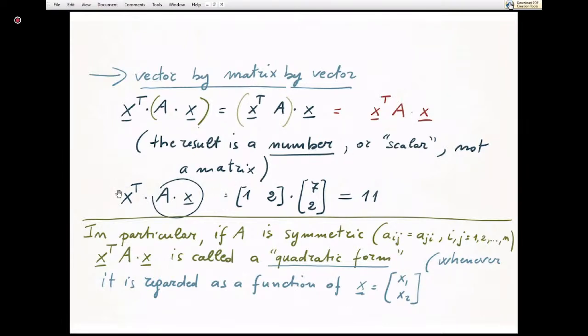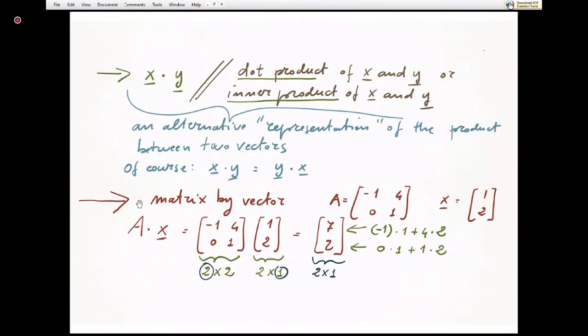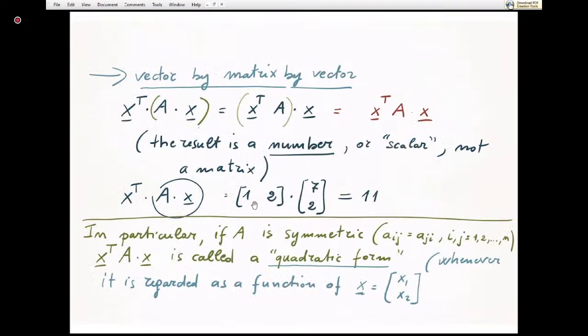Why? Just look at the previous example. In the previous example, we had A times X was 7, 2, the result. Now, imagine that we want to left multiply by X transpose, which is the row 1, 2. The result here is already a vector. So if you want to left multiply again by the row vector 1, 2, X transpose, you get 11, okay?